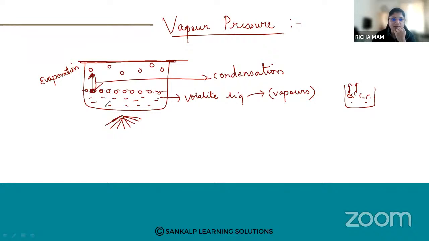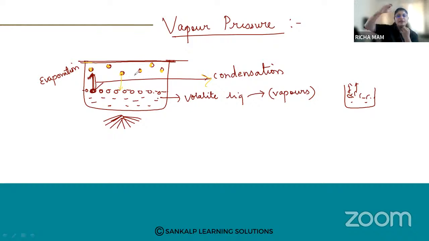As the temperature increases, they undergo evaporation and form vapors, or you can call them gas molecules. Since it is closed, simultaneously there will be condensation also, so some of the droplets can come back.